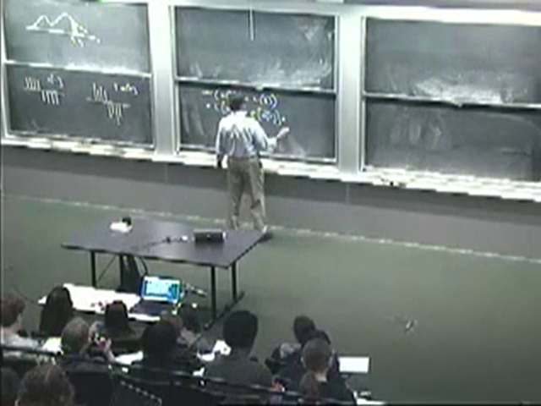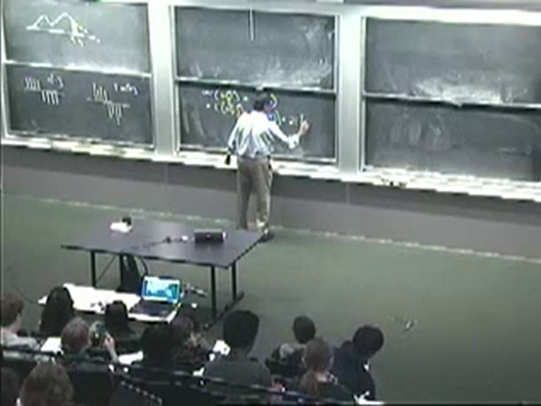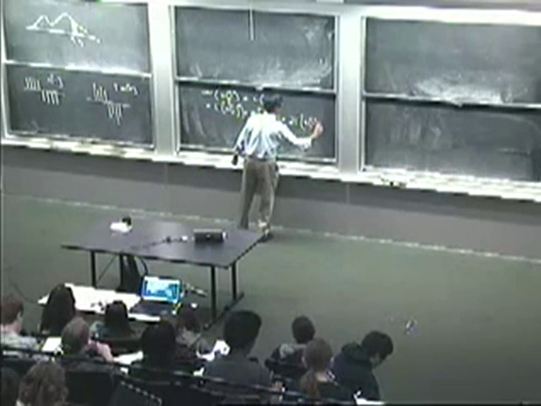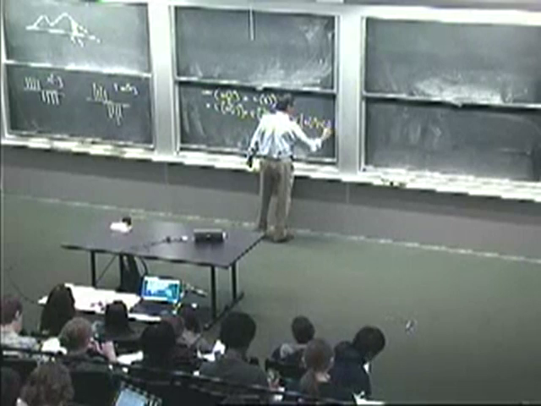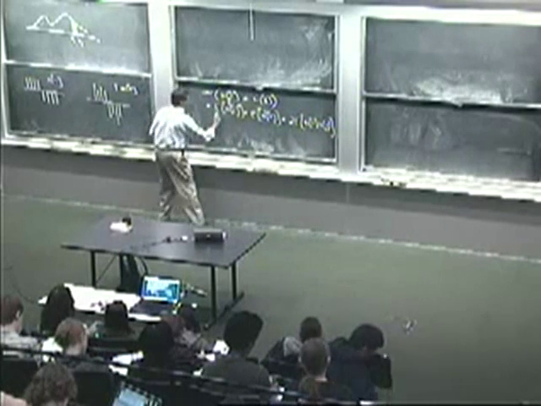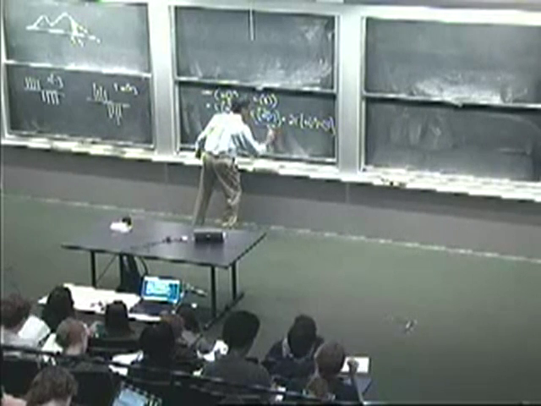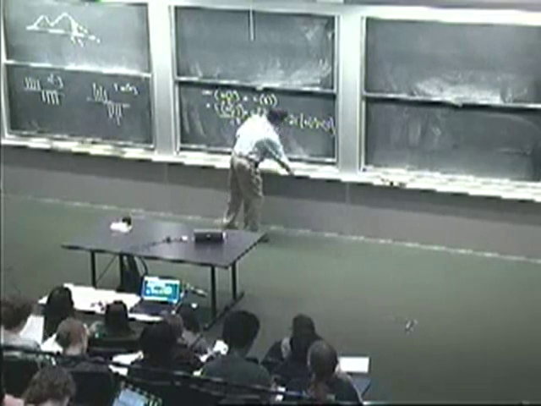And then you've got twice the expected value of W1 W2. Okay? So, well, this is easy. This is sigma squared. This is sigma squared. What do we do with this term?